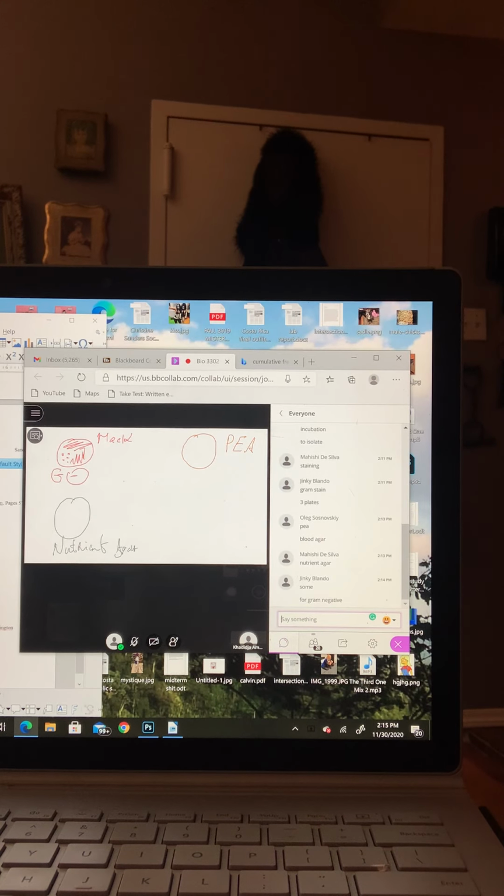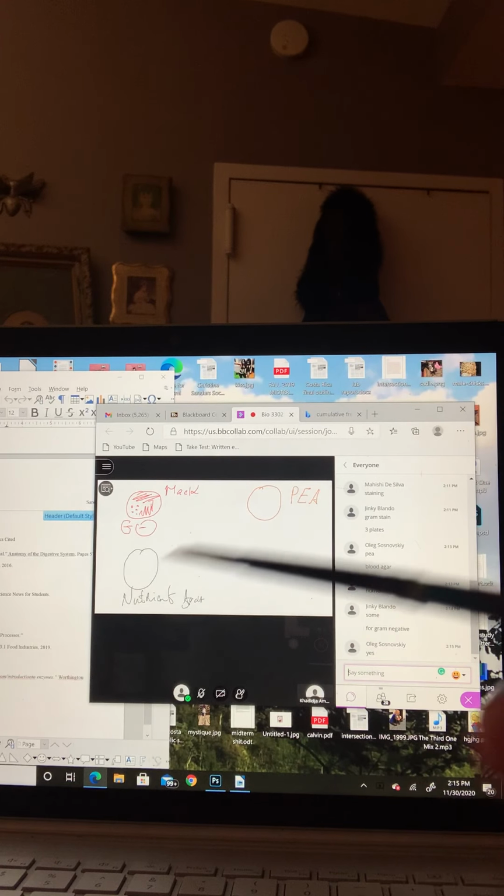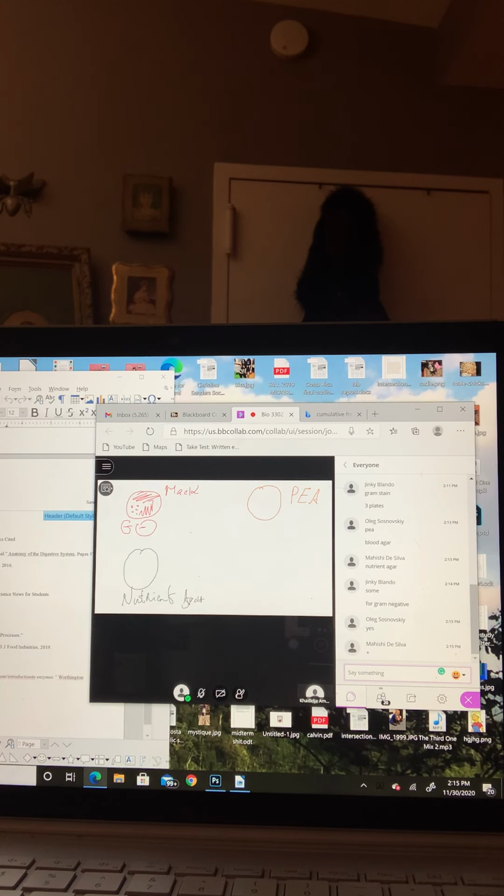And what about the PEA? Can you also get some colonies or not? Yes, here you have the Gram-positive. Just examples to make it clear: the Gram-positive is purple. This is different from the first practical that I gave you, with one microorganism, either Gram-positive or Gram-negative.